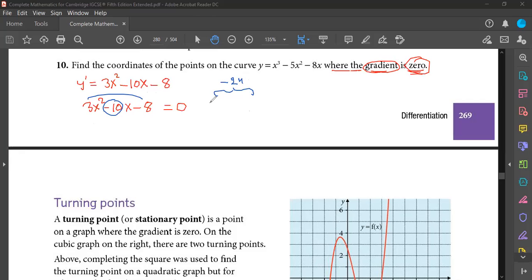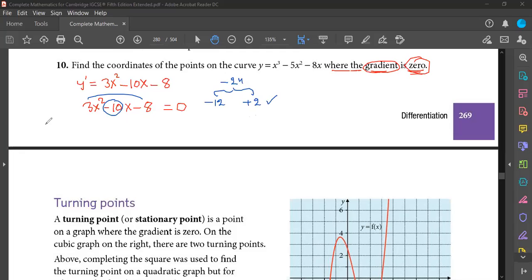Minus 6 and 4? Minus 6 and minus 4? But if you multiply them, is it negative 24? No. I want negative 24 when multiplied, and negative 10 when added. Is it correct?